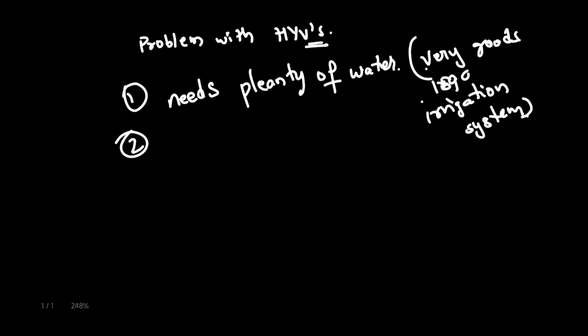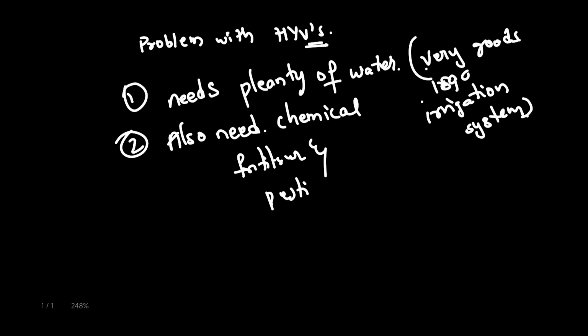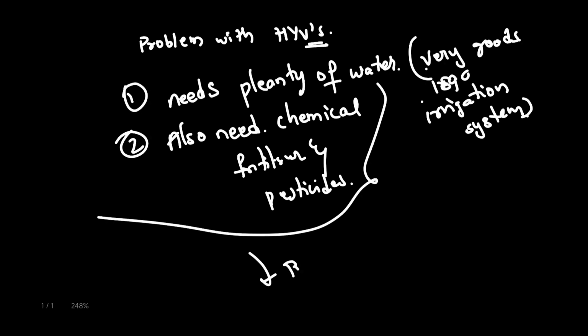The next one was, they also needed chemical fertilizers and pesticides to give the best results. So the higher results were only possible with the combination of high yielding variety seeds, irrigation, chemical fertilizers, and pesticides in farming.